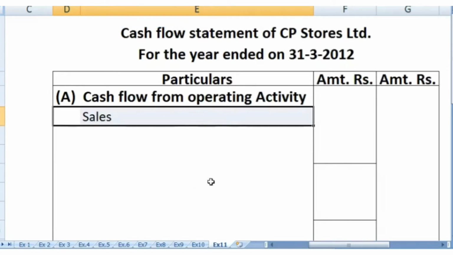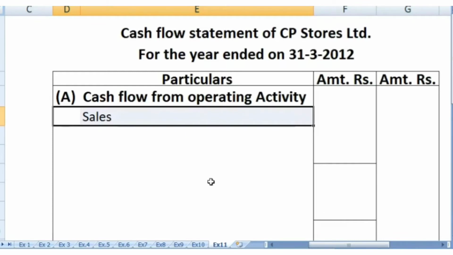Okay, but you know that sales does not indicate the direct cash flow, because sales may be on credit. It does not mean that the sales amount is your cash receipt. Okay, you must give the effect of the opening balance of debtors and the closing balance of debtors. So see in your balance sheet, what is the opening balance of debtors?